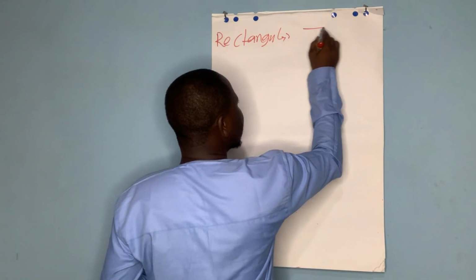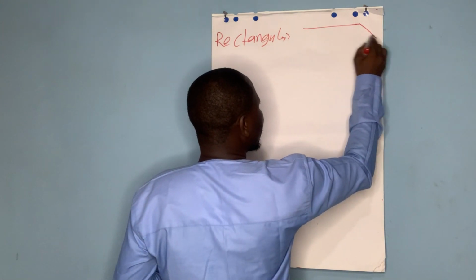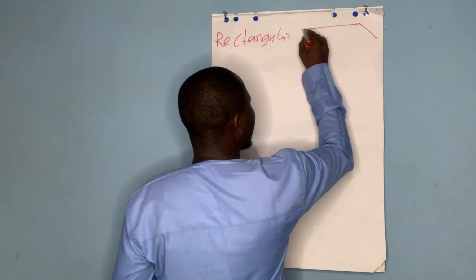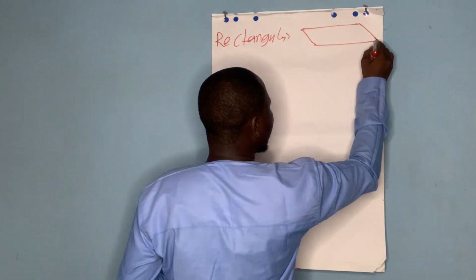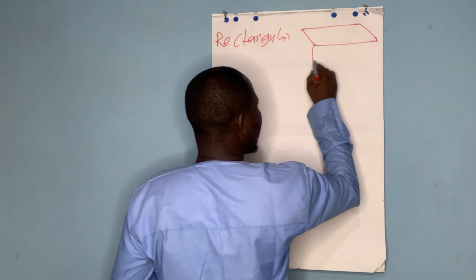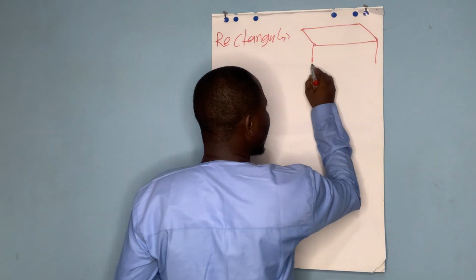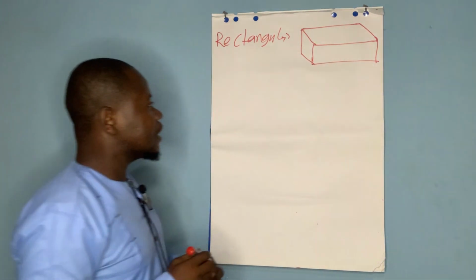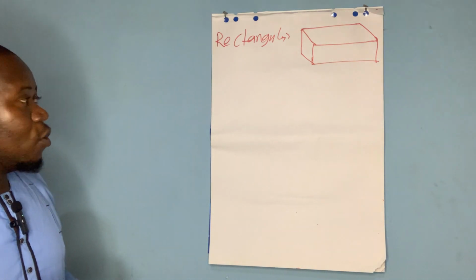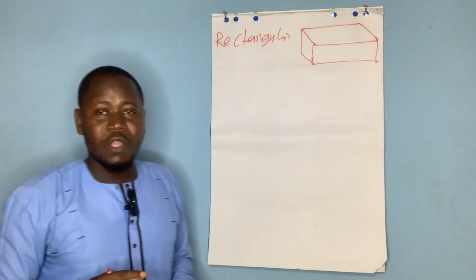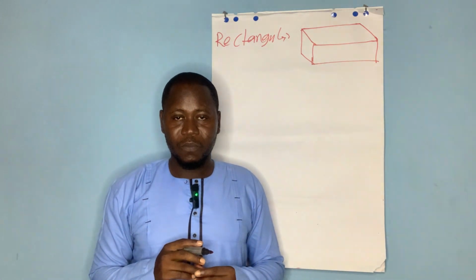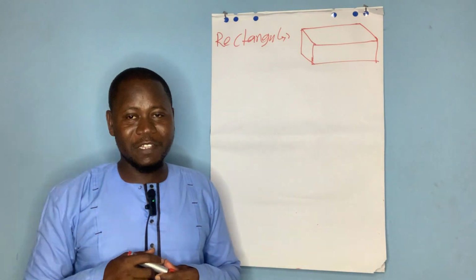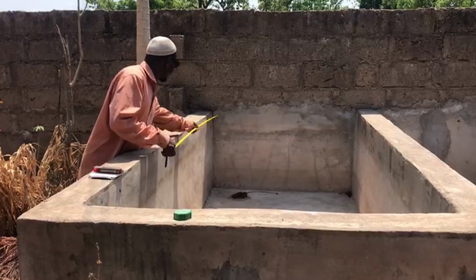I said earlier, so this is the rectangular pond. If you are measuring, let me take you through to the front and you see how we measure this pond.